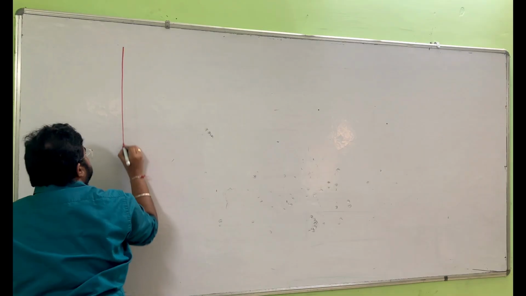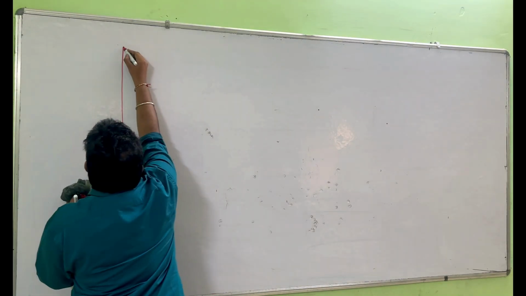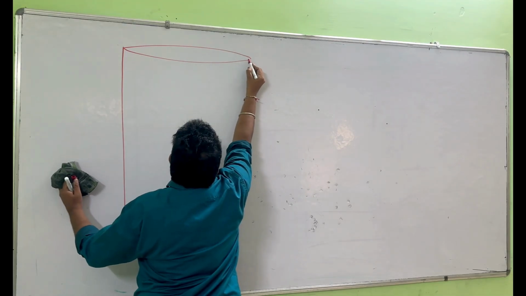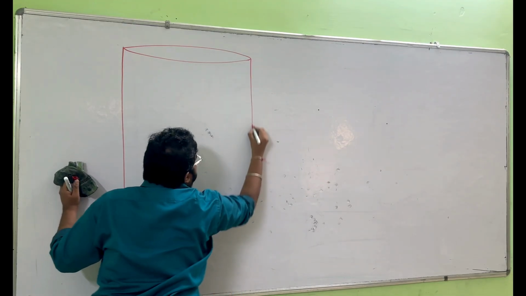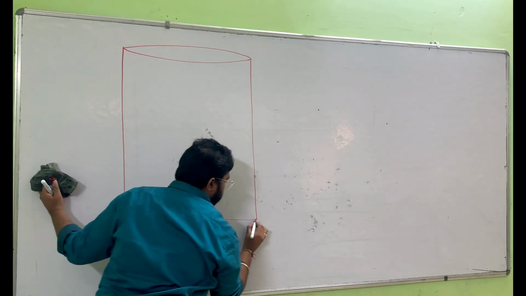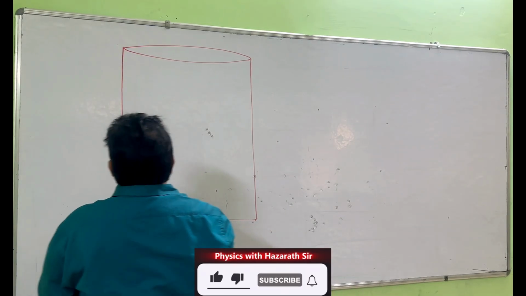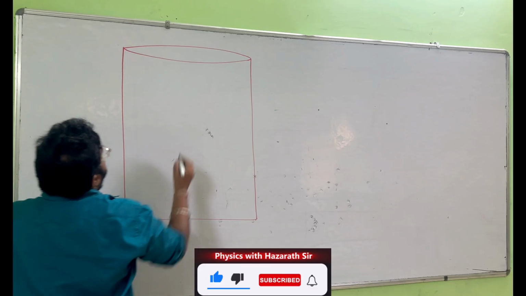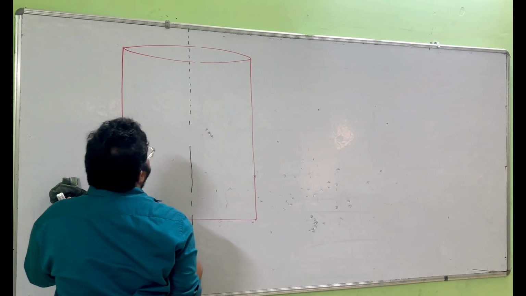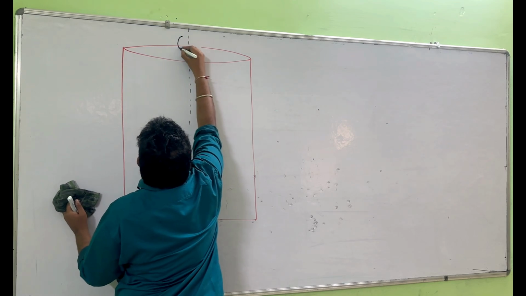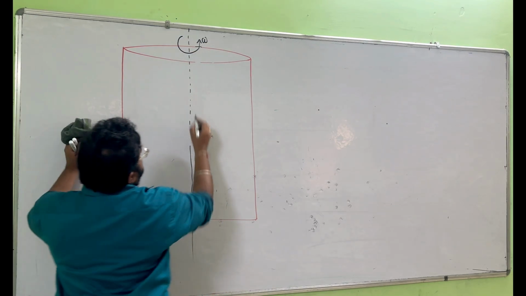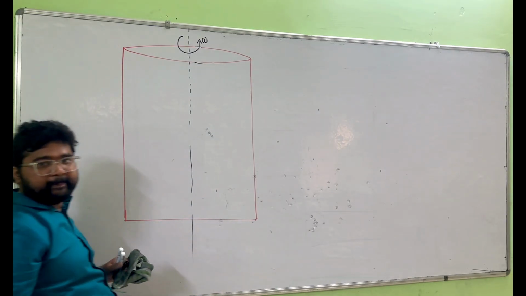Here, this is the vertical. Here, the person. So the person is here. It is rotating. This part is rotating with angular velocity omega.